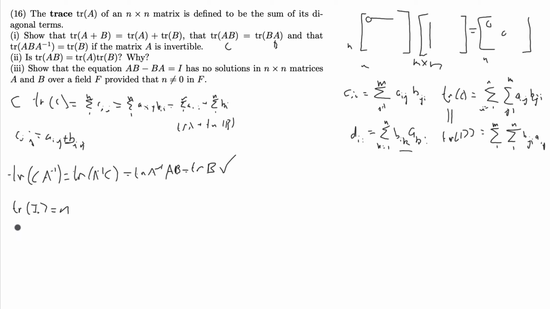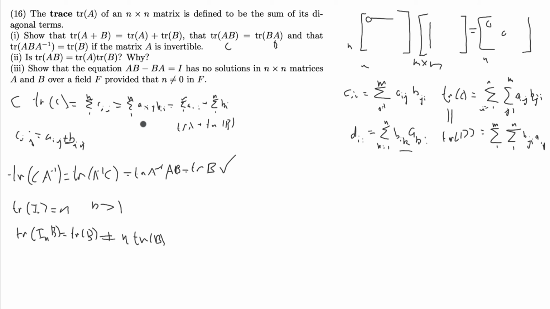So the trace of I_n times B is equal to the trace of B, which does not equal n times the trace of B if n is greater than 1. If n is greater than 1, this equation is not true.